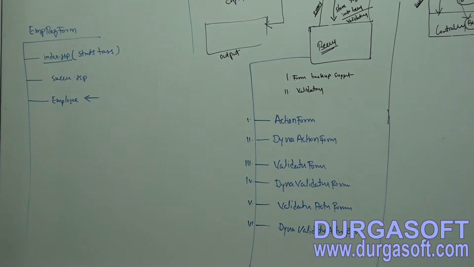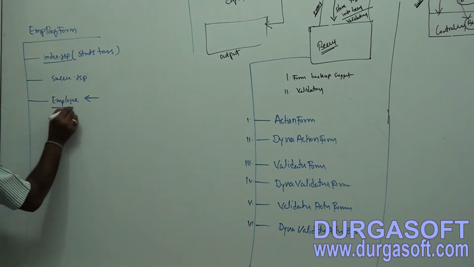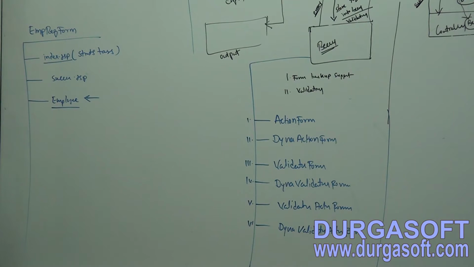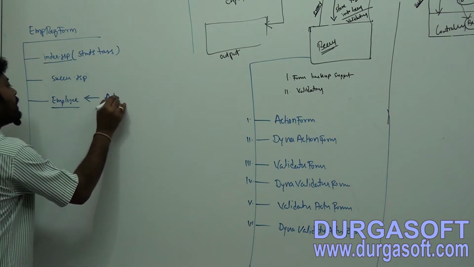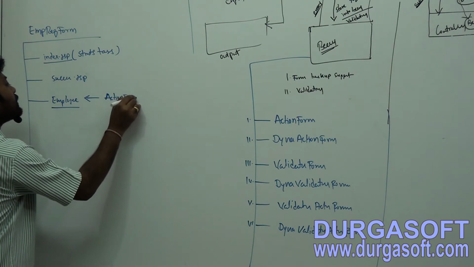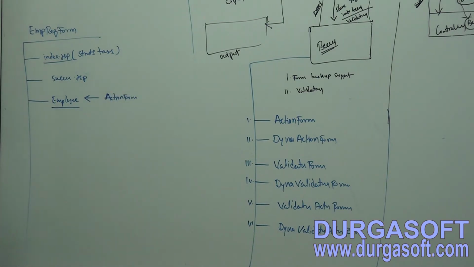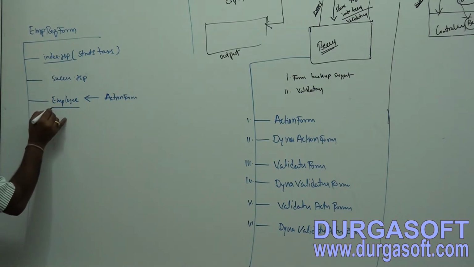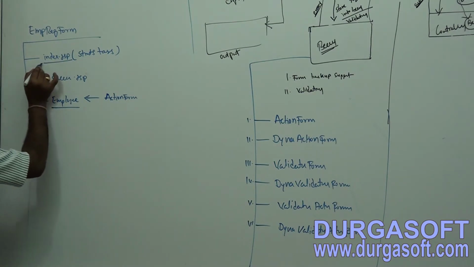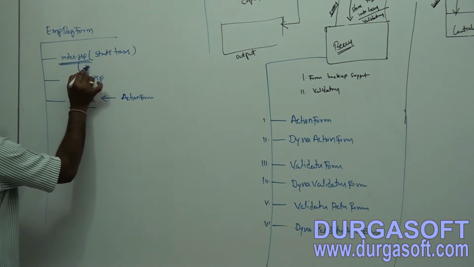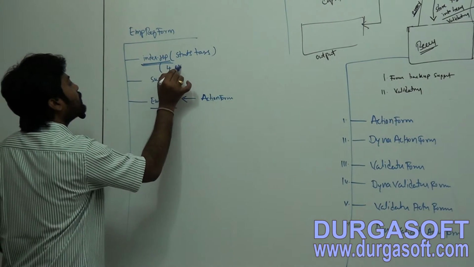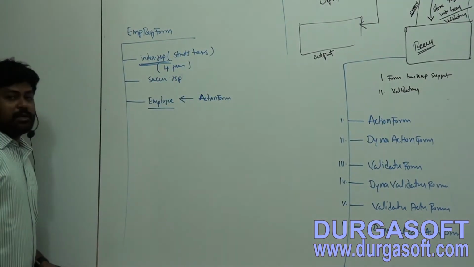For this employee bean class, let's go with the first approach, ActionForm. Extend your bean class from the ActionForm class. And inside this bean class, what do we need to write? Let's say your input form contains 4 input parameters.